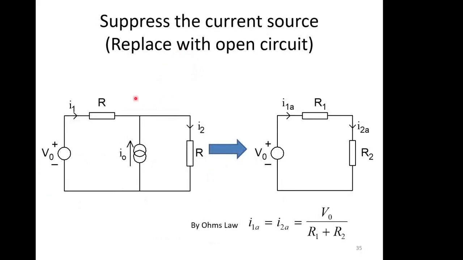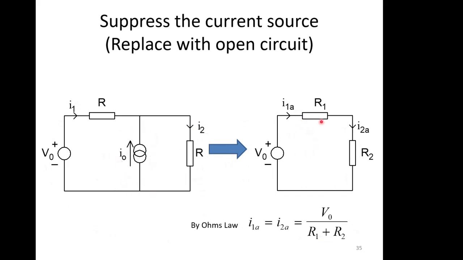So if we do that, here's the circuit as it stands with everything active. We suppress the current source. Here's the current source. We're going to suppress that and we replace it with its equivalent impedance, which in an ideal world is an open circuit. So we just take it out. So this is this circuit with the current source suppressed.